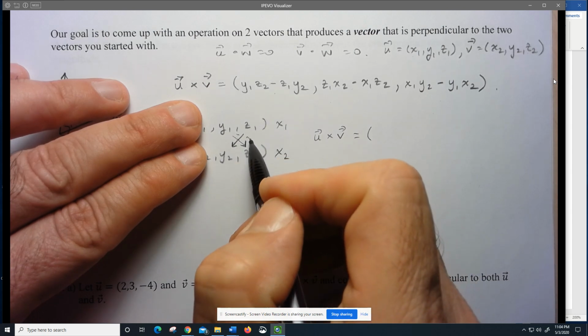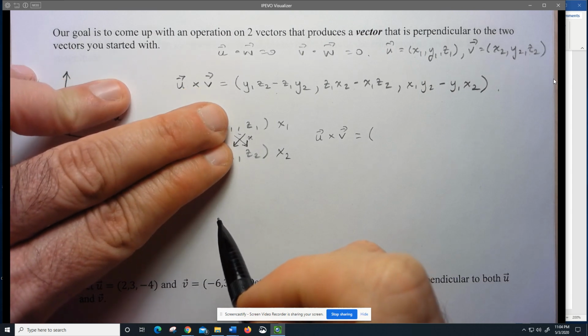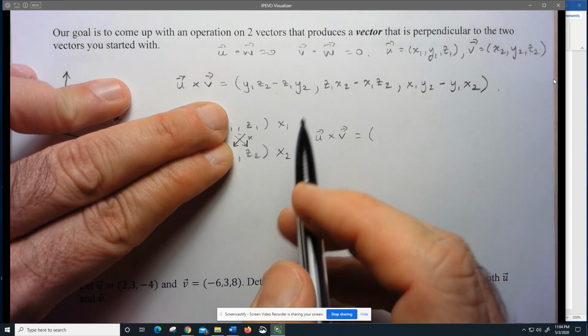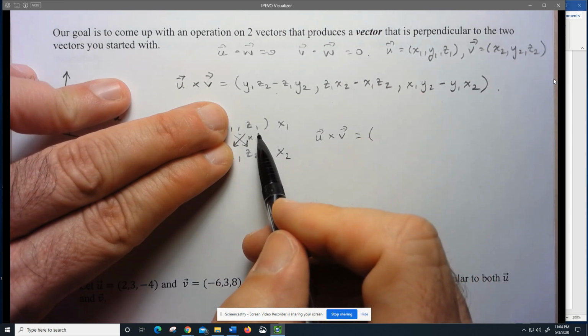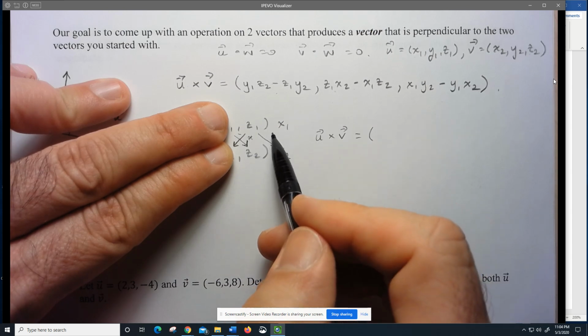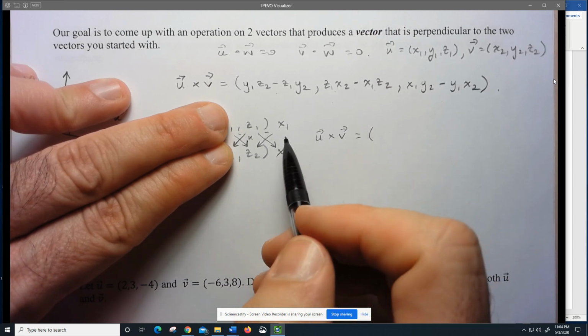Exactly the x component. Then I block off the y column to do the y component. And look what we have. The same cross multiplication gives us what we need: z1 x2 minus x1 z2. Exactly what we have there.